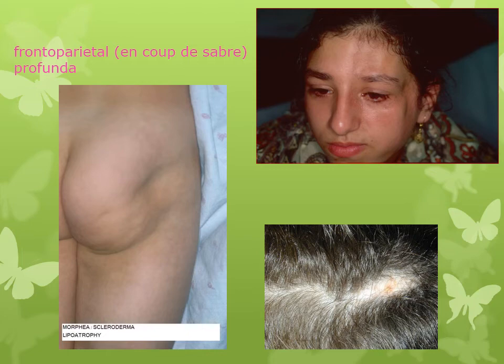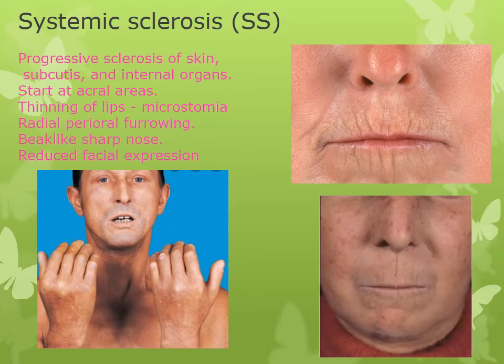It can also involve the subcutis and cause lipoatrophy, and this type is called morphea profunda. The systemic disease is called systemic sclerosis.